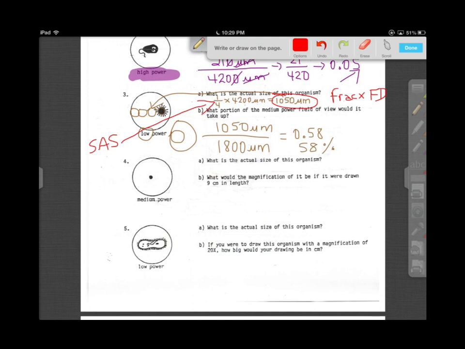Now, you'll see this given there. It says, well, if they drew it 9 centimeters in length. Oh, wait a minute. Drew it on paper. Now what you've got is a drawing magnification. It's something new. That's not the magnification that the microscope was doing. That's the magnification that you're doing by drawing it bigger than it really is.